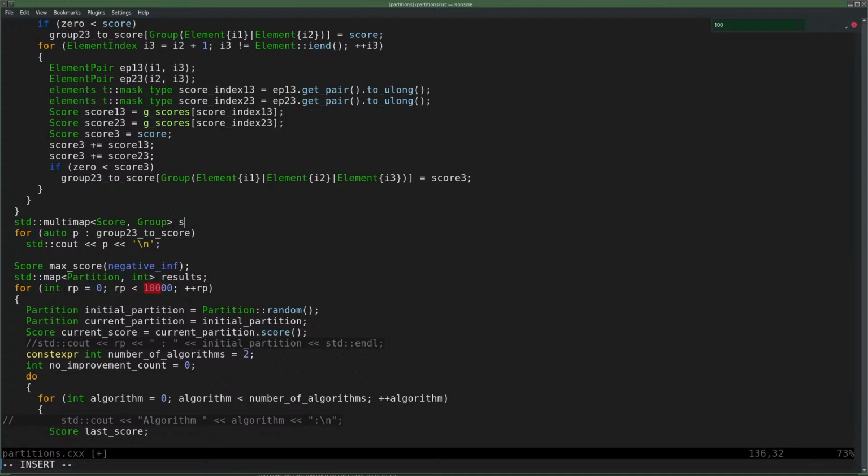Yeah. So those are the scores of pairs and triplets, which we're filling here as the score was P second, which becomes P first.